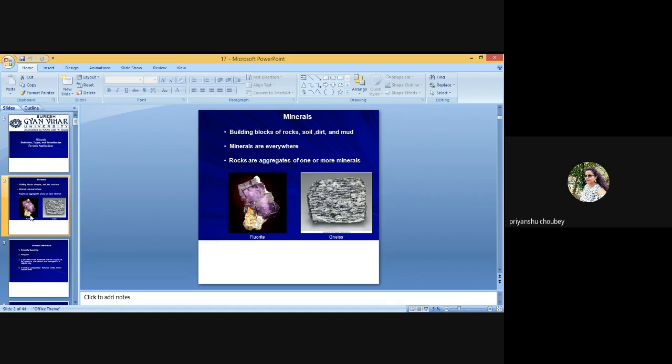Rocks. The Earth's outer solid layer, the lithosphere, is made up of rocks. Rocks are naturally occurring, bound solid aggregates of minerals and mineraloids. Rocks found in the earth crust have been classified further as igneous, sedimentary, and metamorphic rocks.